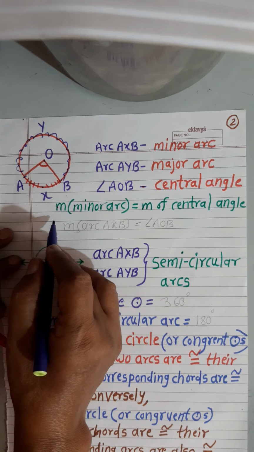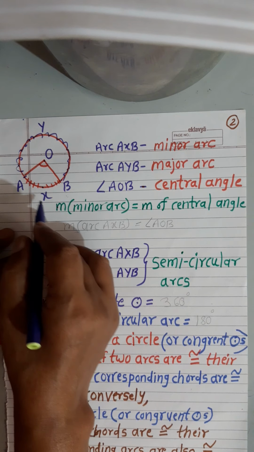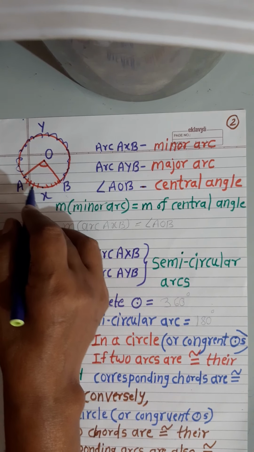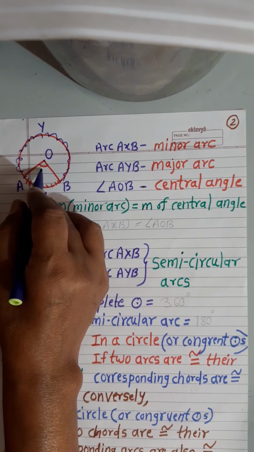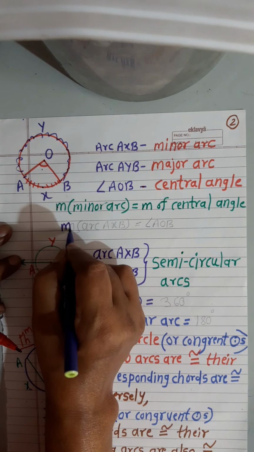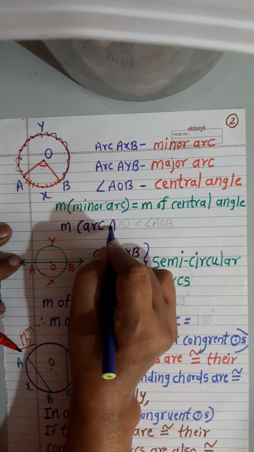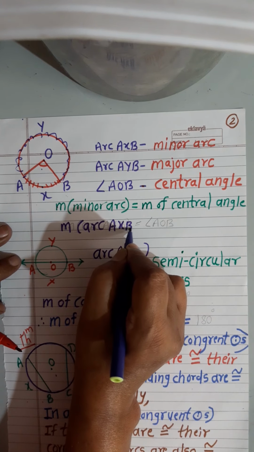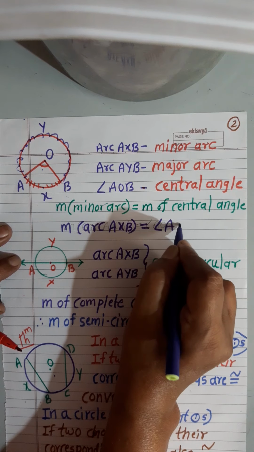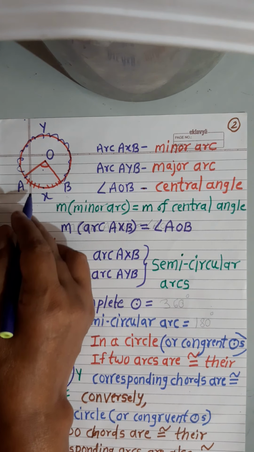And remember this, we have learned in the previous standard: the measure of a minor arc is equal to the measure of the central angle. Measure of arc AXB equals measure of angle AOB, meaning these two measures are the same.